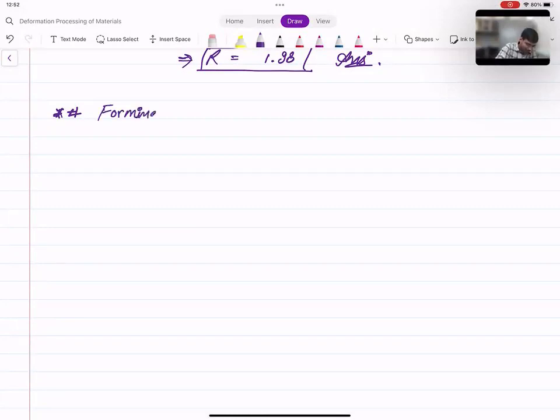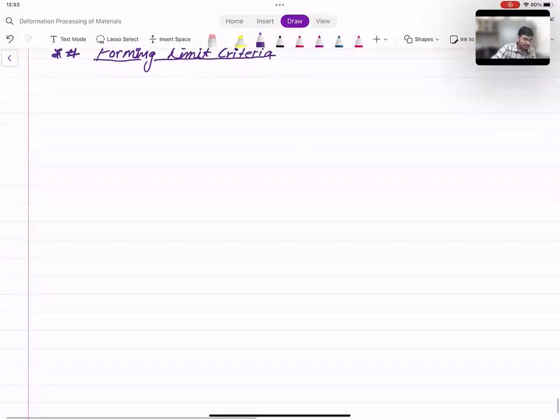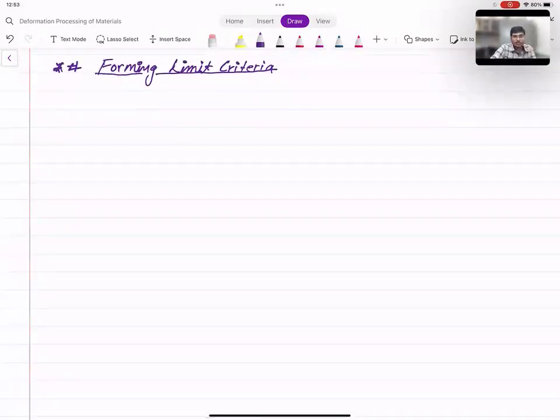Basically, to determine this, when the sheet metal is being formed, a grid of circles is made over the sheet using electromagnetic or electrochemical techniques, meaning etching techniques.